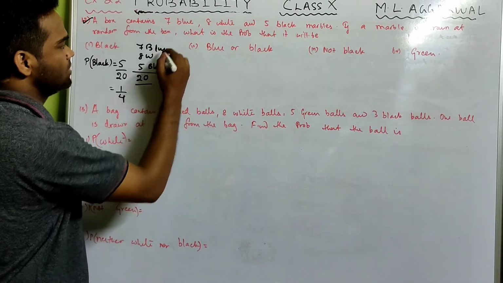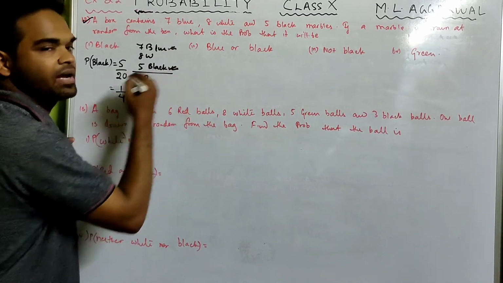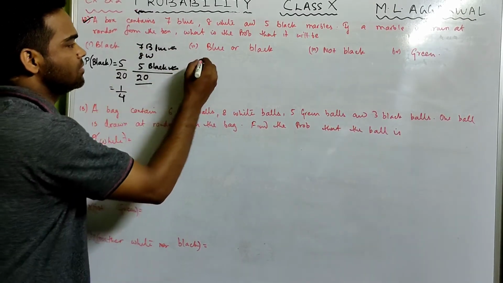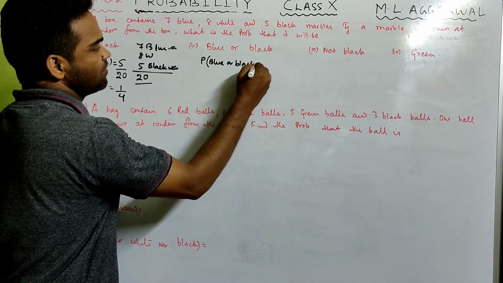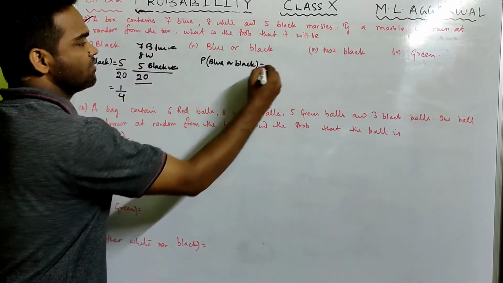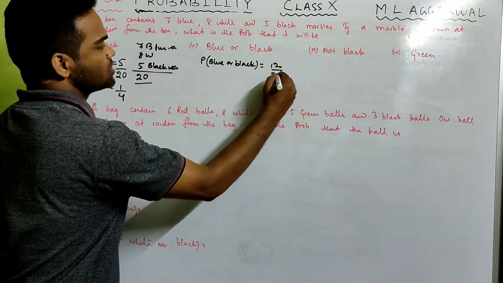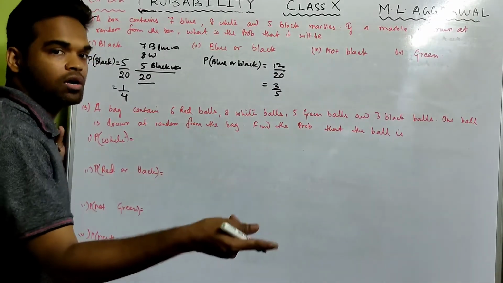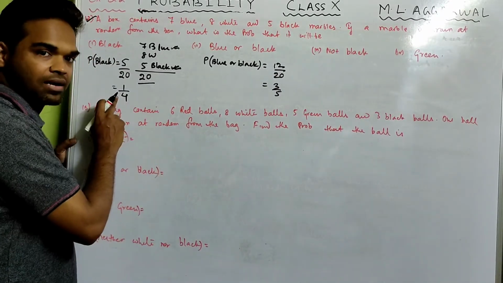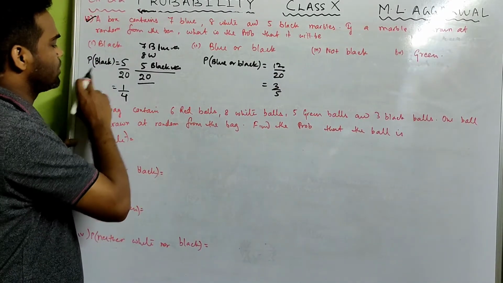Blue or black. Favorable outcome will be 7 plus 5, that's 12. Total outcome is 20. So that's 4 3 times, 4 5 times. Not black. Now getting a black, the probability is 1 by 4.